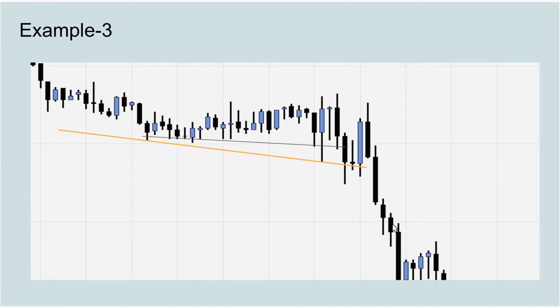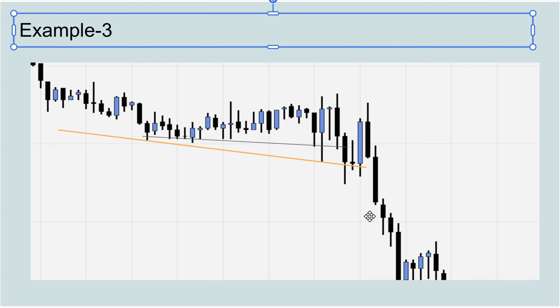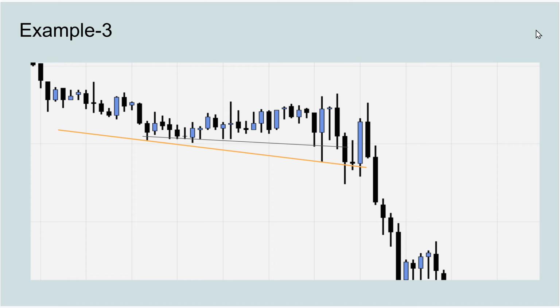You enter, it went down. Somehow I couldn't capture the snapshot here, my apologies. But you enter this. If you see this bar, I want to make another point here. This breakout bar, if you see this candle, more than 50% of its size is outside of the range. That signifies a clear breakout.